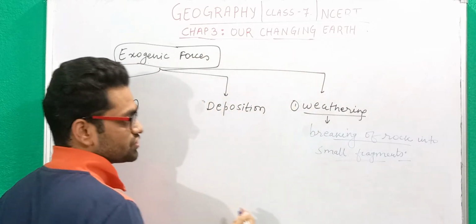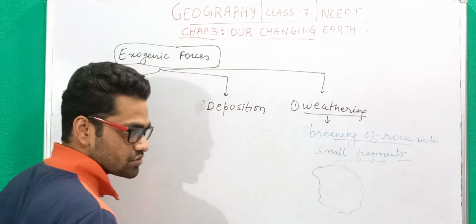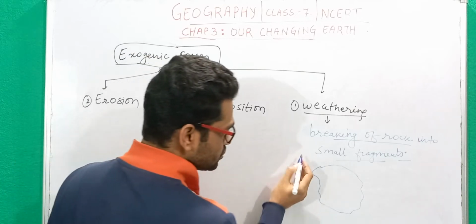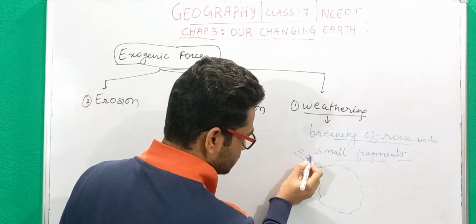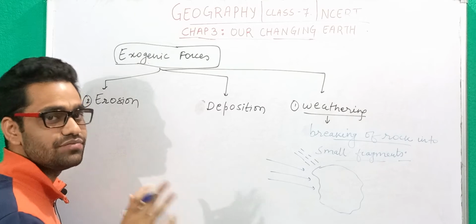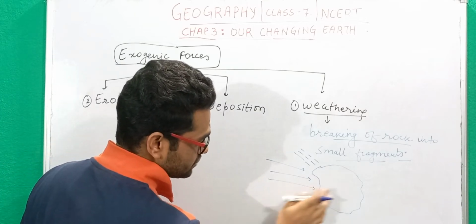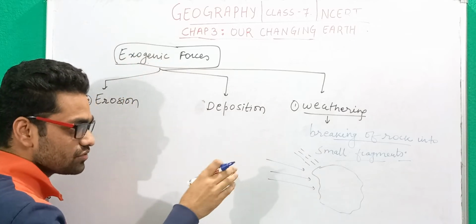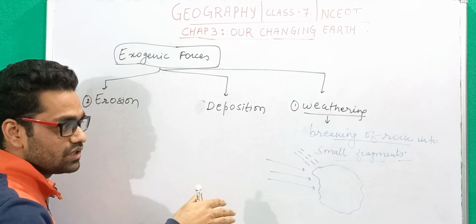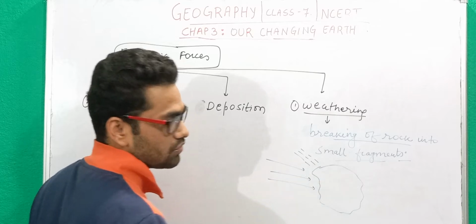Let's understand through a picture. Suppose this is a rock. What happens over a period of time with the exposure of this rock to the rain and the wind? Wind has a lot of energy with it. It always strikes the rock, and the dust particles that flow along with the wind collide with the rocks.